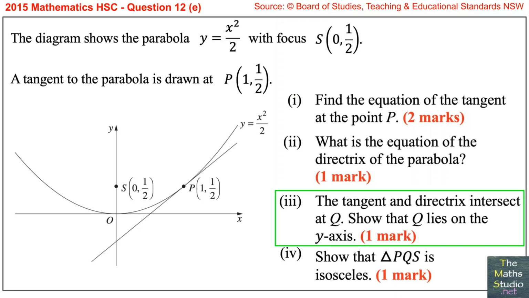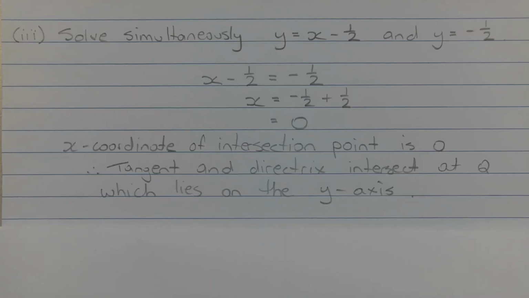Part 3. The tangent and the directrix intersect at Q. Show that Q lies on the y-axis. To find the x-coordinate of the point of intersection, we solve simultaneously the equations y equals x minus 1/2 and y equals negative 1/2.